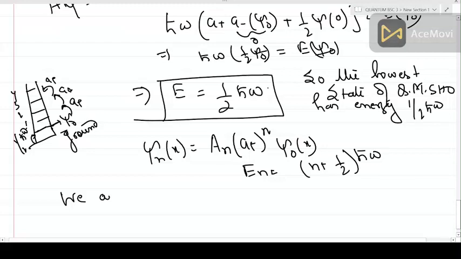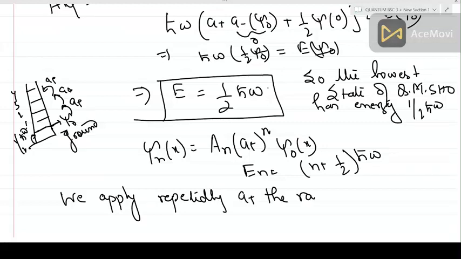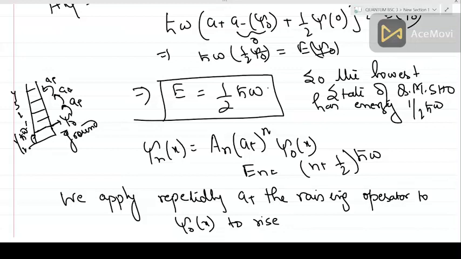So what we conclude here? We apply repeatedly the raising operator a plus to psi naught of x to rise up to higher states.